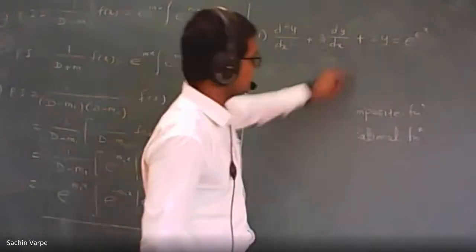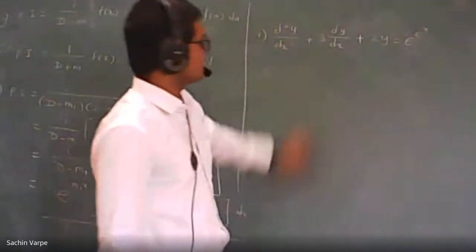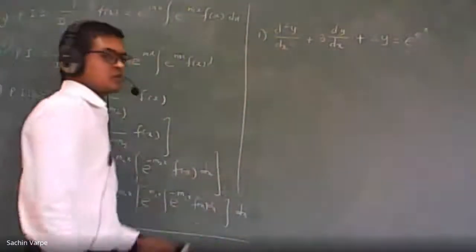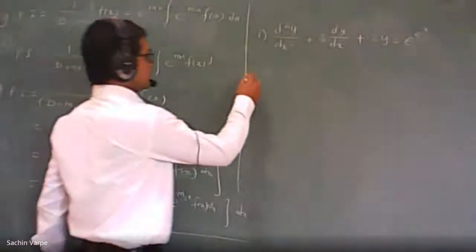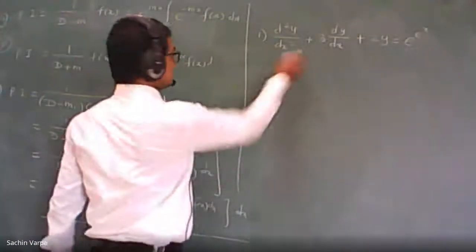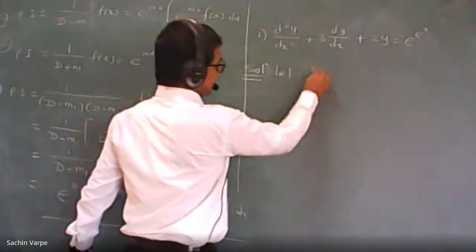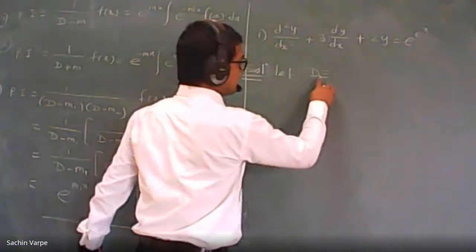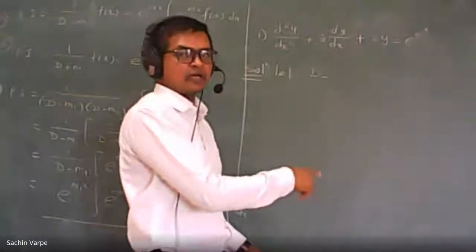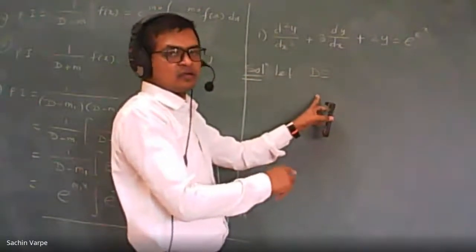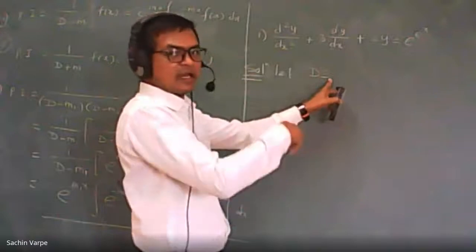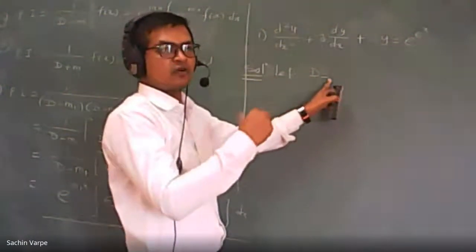Okay, so let us proceed with the example. We know the first step towards the solution is what? Introduce an operator capital D. So solution: let capital D, three lines are there. Three lines means what? Equivalent, that is not equal. And we are using such three lines in case of operator.